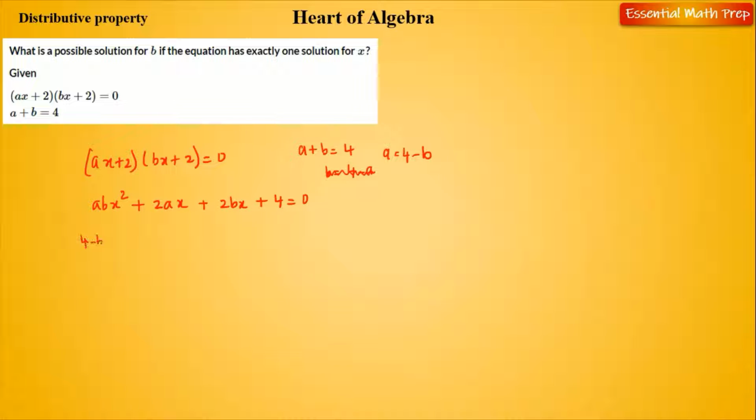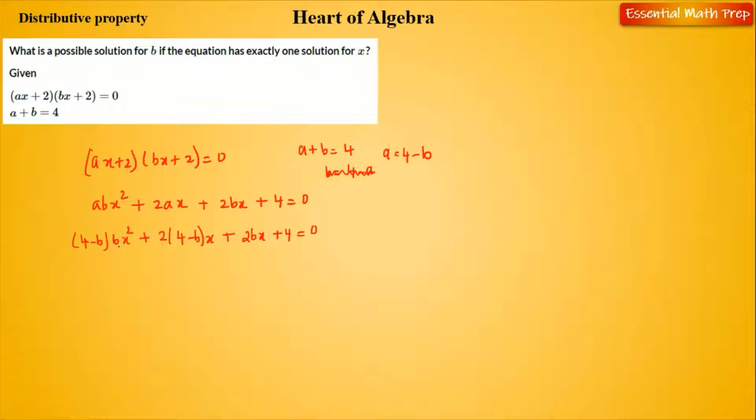So it's (4 minus b) times bx squared plus 2 times (4 minus b)x plus 2bx plus 4 equals 0. As I said, the problem is lengthy, not because it's difficult, but just because of the way it's done.